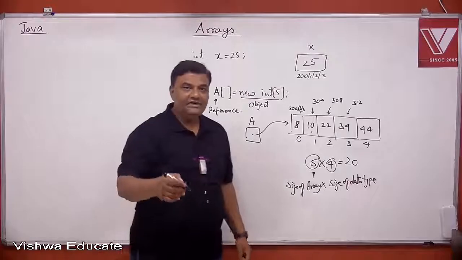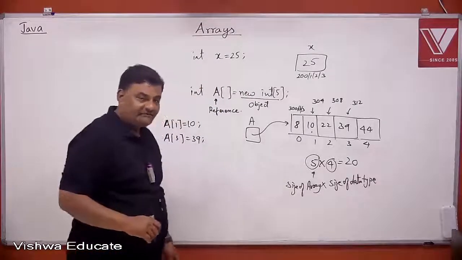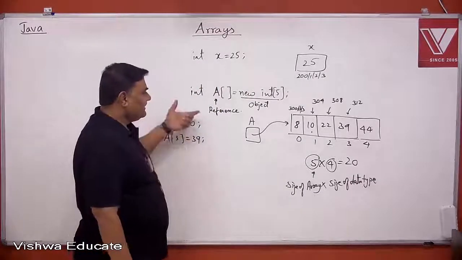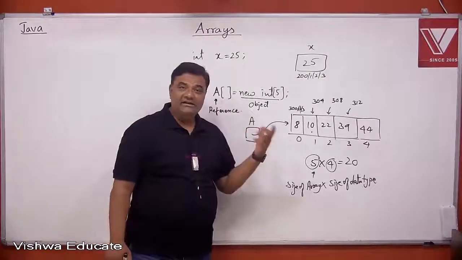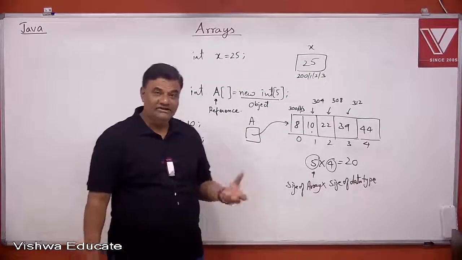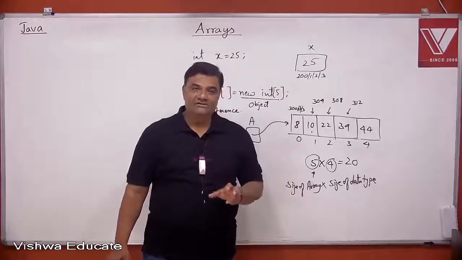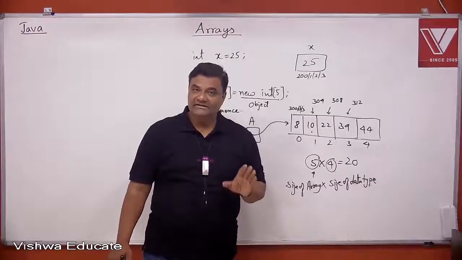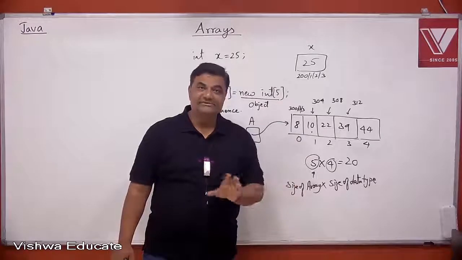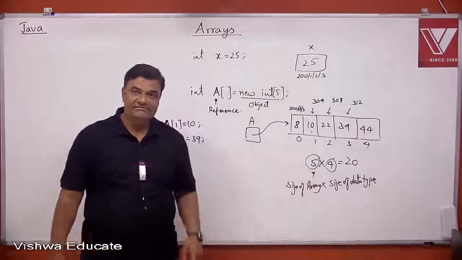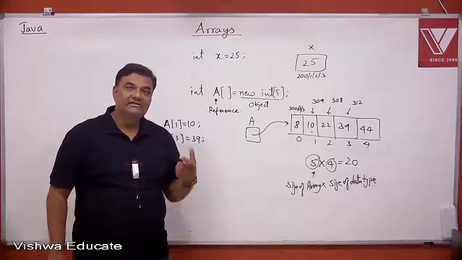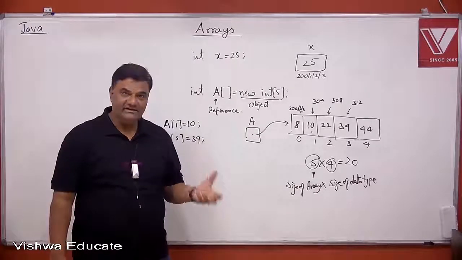So I'll dictate, you can note down the points. See, arrays use first point. Array is a collection of homogeneous elements, means same type of elements.